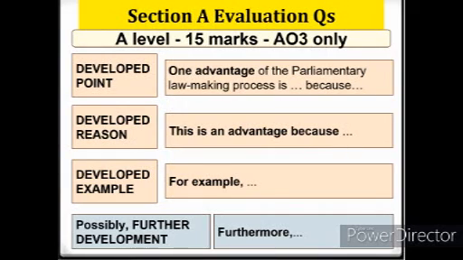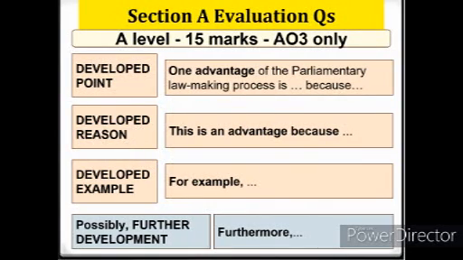And I would advise you to structure your paragraphs in the same way. So start with making a developed point. And that developed point will use the question that you have been given. So if the question is asking you to evaluate juries, you will say perhaps one problem with juries is, but we're of course looking at the parliamentary lawmaking process, aren't we?